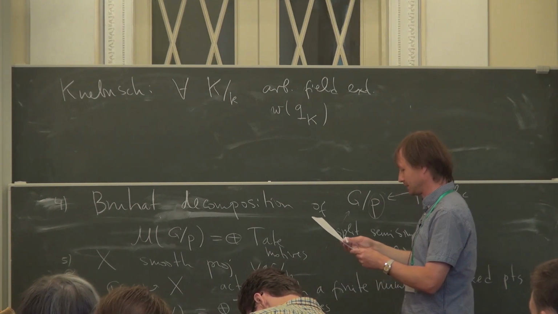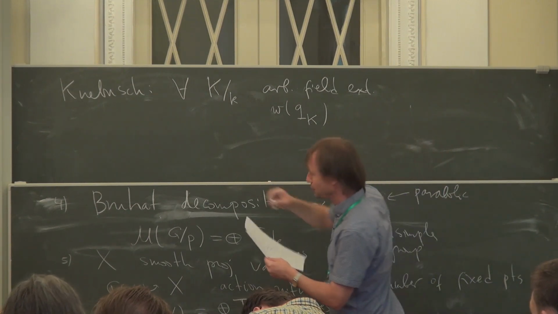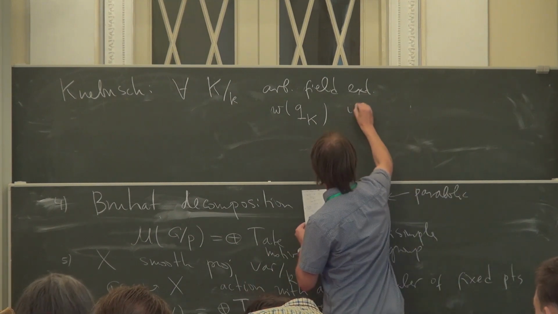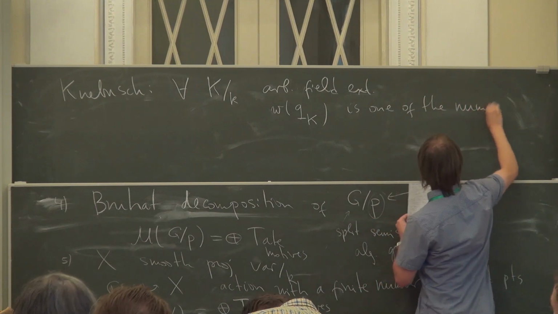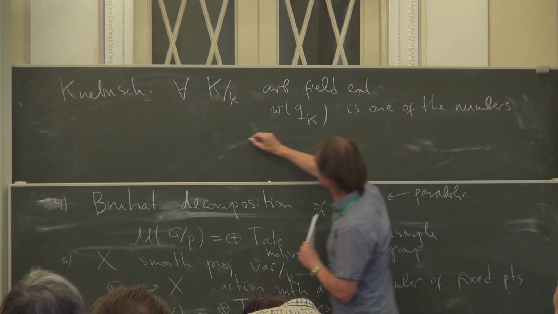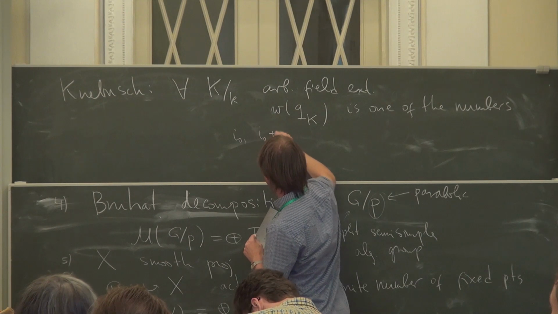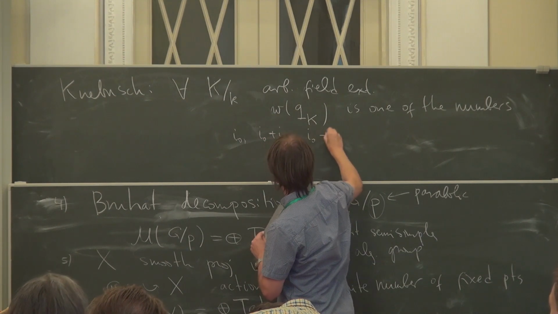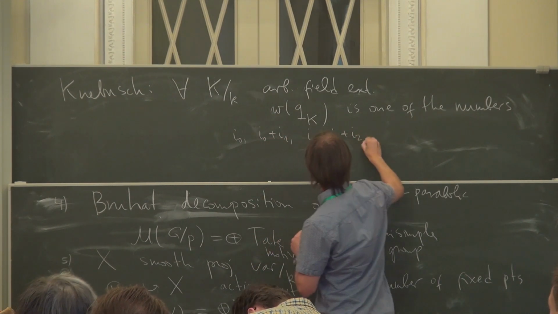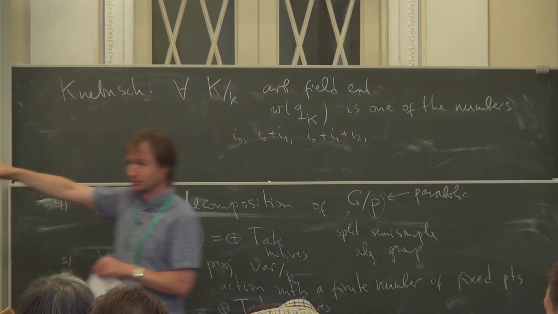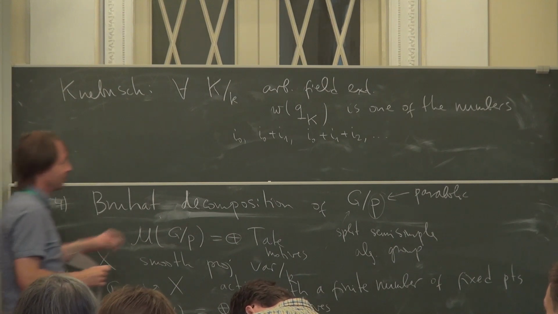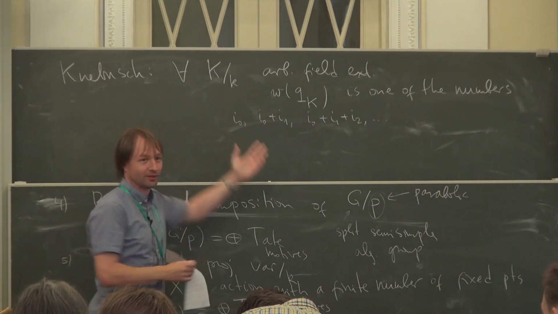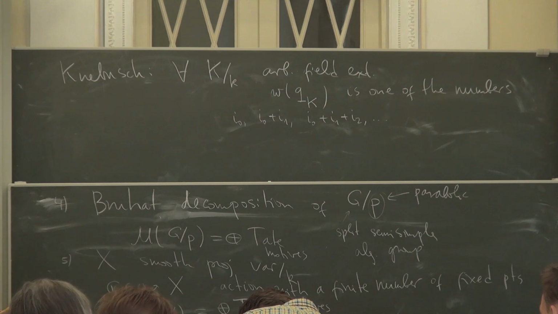Not quite, because it's a tricky reduction. It is one of the numbers I0, I0 plus I1, I0 plus I1 plus I2, and so on, because each time we take the anisotropic part. So there are just finitely many possibilities, and they are actually restrictive.